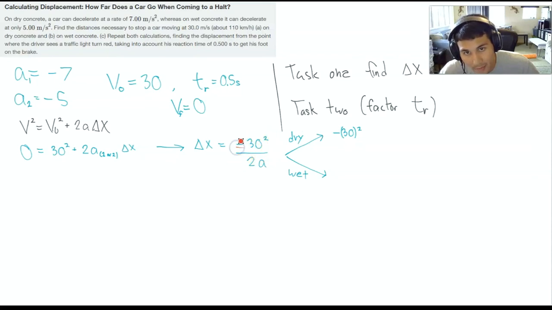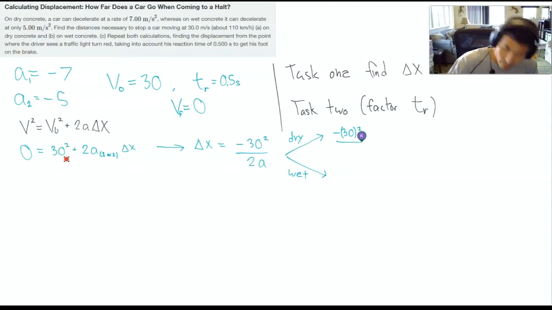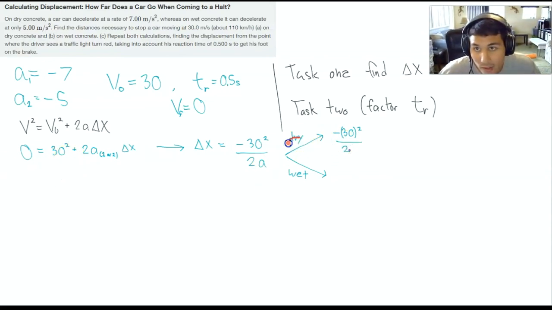If there's a parenthesis here, then it would be positive and our answer would be positive, but no, the negative's on the outside here because this is algebra. You can't forget that. That's just how it works. Okay, and divided by what's a? On a dry surface, it decelerates at negative 7.